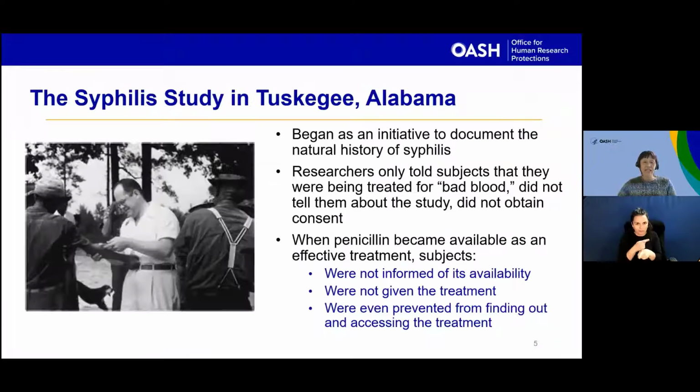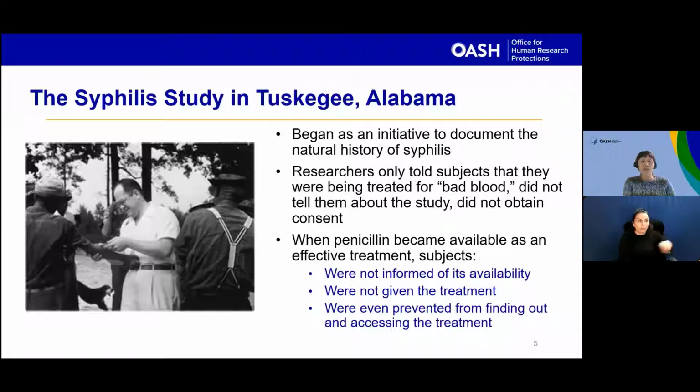And this was exactly what happened at the syphilis study in Tuskegee that began in the 30s. I'm not going to bore you with the details since I'm sure many of you are familiar with the study. The study went on for 4 decades. What I just want to say is that one of the most egregious things for me about this study is the fact that when penicillin, an effective treatment for syphilis, became available in the 40s, this information was not provided to the research participants.